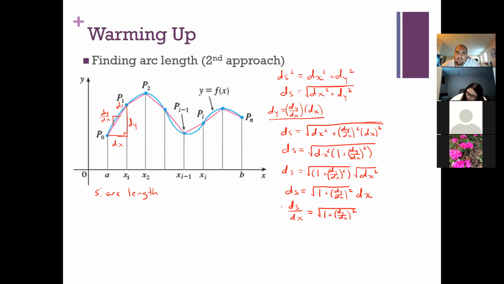I could do this at either place, but I'll go ahead and integrate both sides of this one. That gives us this idea: S is equal to the integral over some interval, just call it a and b, of the radical 1 plus, and I'm going to rewrite this using a different notation.